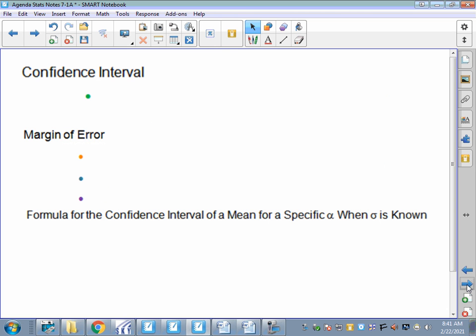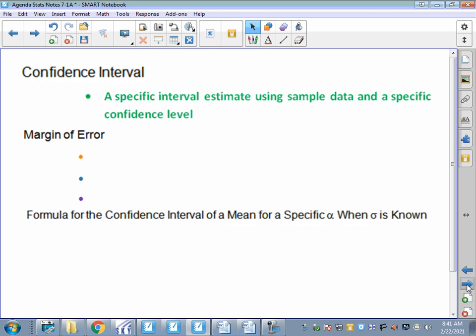So let's talk about our confidence interval. So again, it's a specific interval estimate. We use our sample data. We use our population standard deviation, because it's known, and we mentioned that in the title, and we use our specific confidence level. So margin of error, this is a nice formula, right?